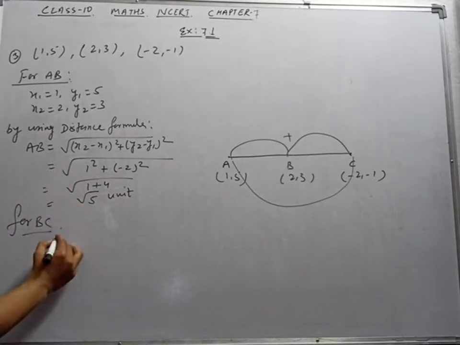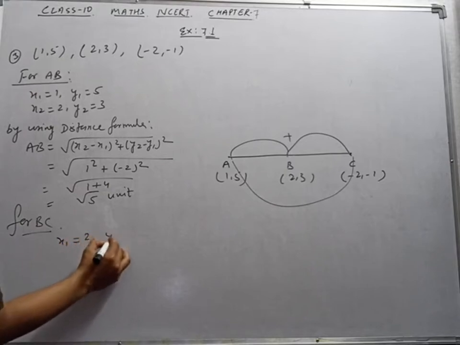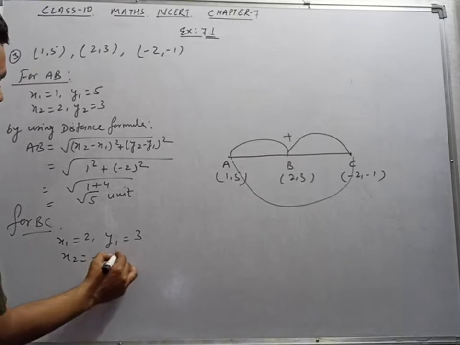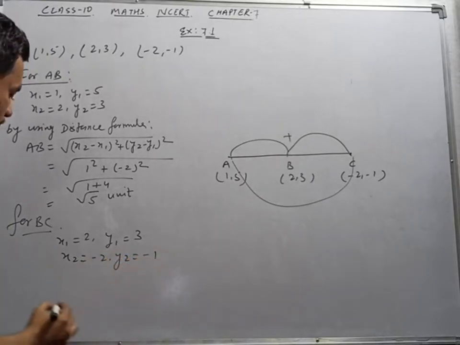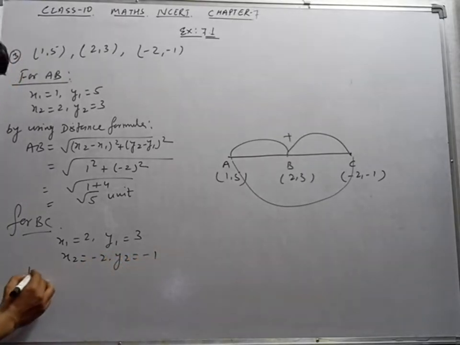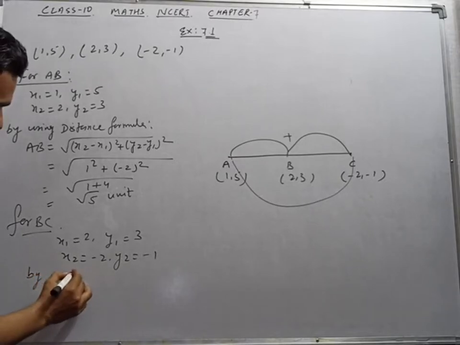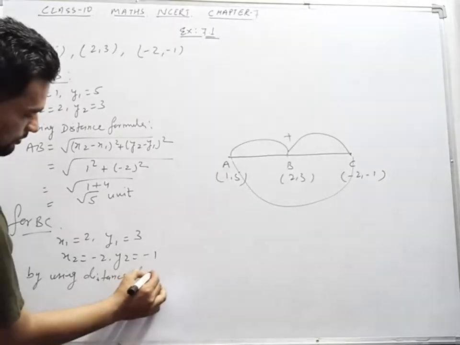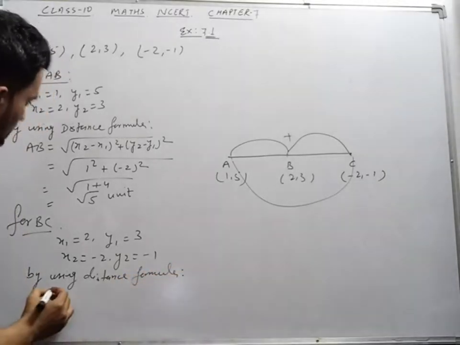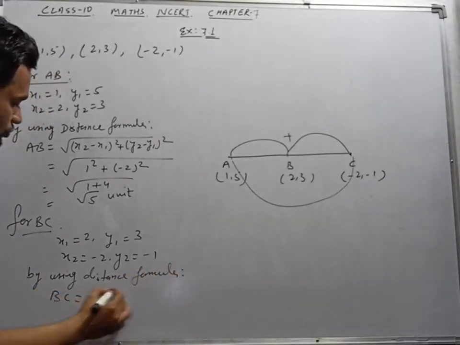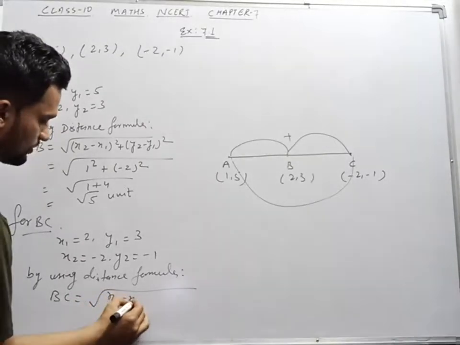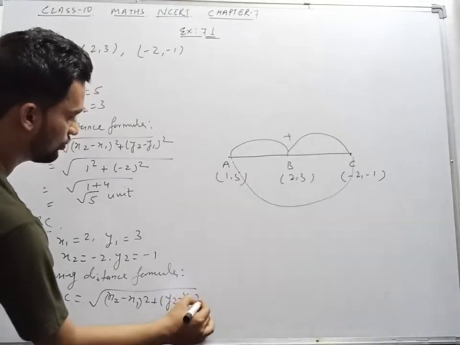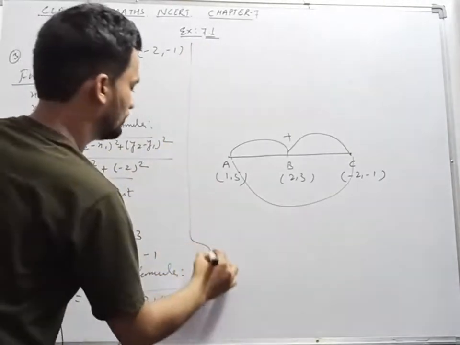Now for BC, x1 will be 2, y1 will be 3, and x2 will be -2, y2 will be -1. Again by using the distance formula, BC is equal to root over (x2 minus x1) whole square plus (y2 minus y1) whole square. I am writing here, don't be confused.